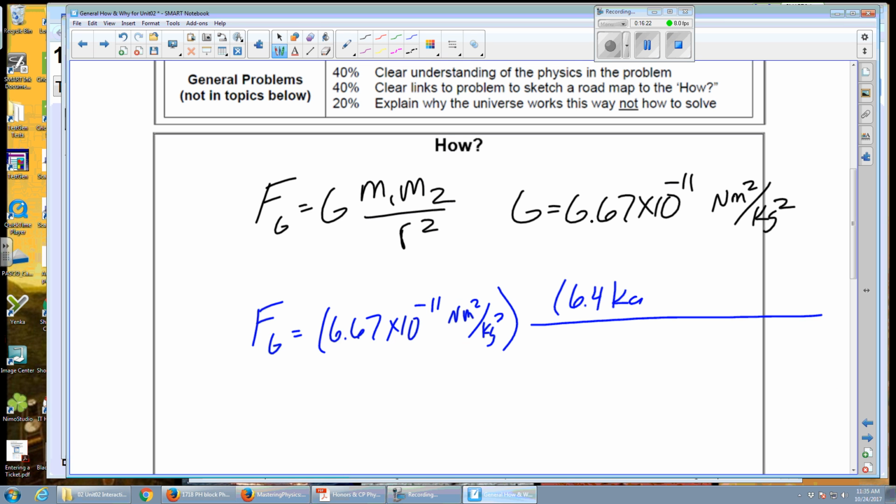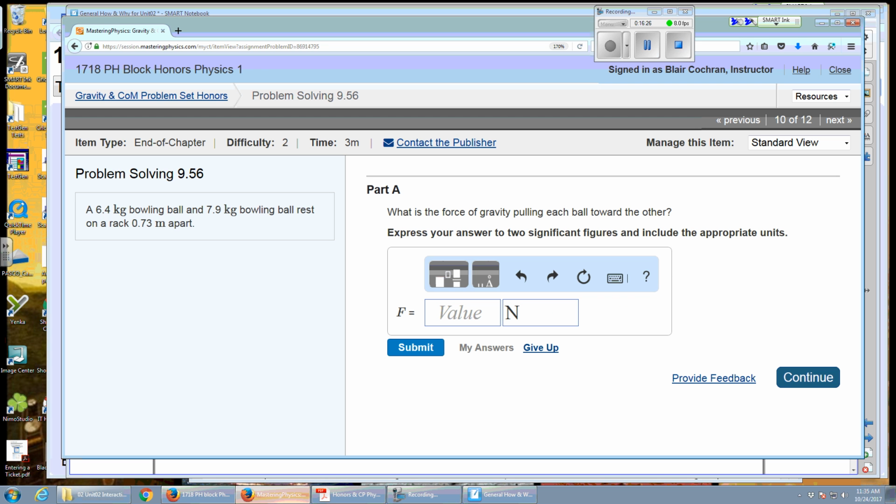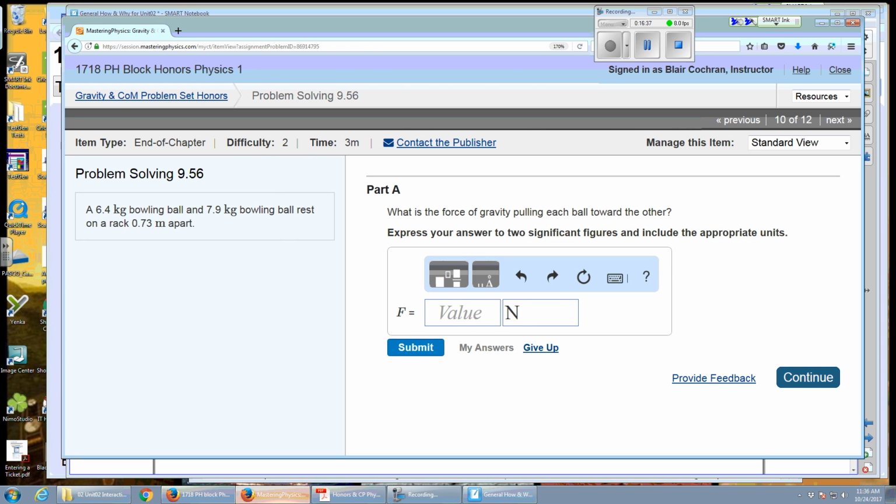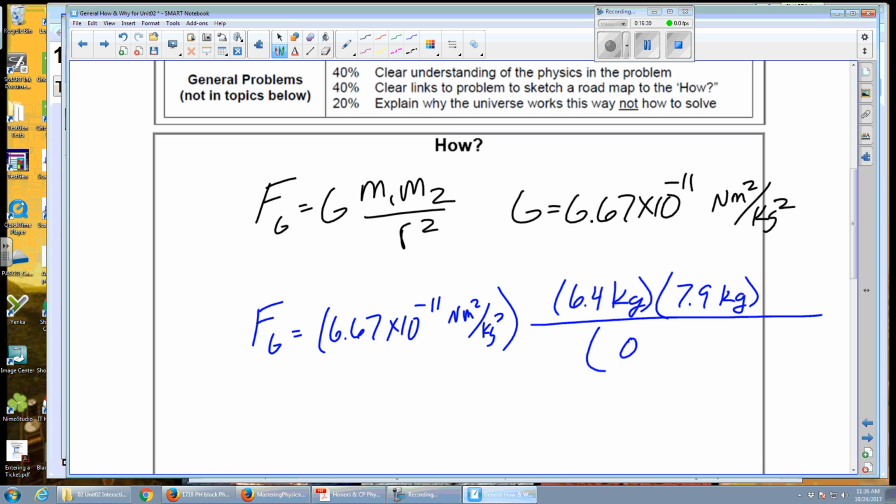Oh, look at it, I'm substituting with units. And then 7.9 kilograms. And then the distance between their centers for me is 0.73 meters squared. Let's see, I have my constants in Newton meters squared per kilogram squared. I got kilograms, I got meters. I'm good. Now it's all calculator work, right?